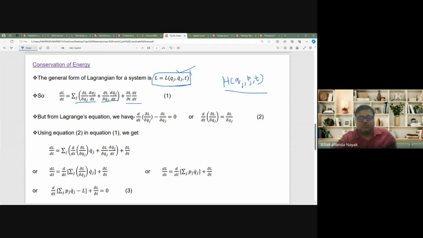From Lagrange's equation we have d by dt of del L by del Qj dot is equal to del L by del Qj.